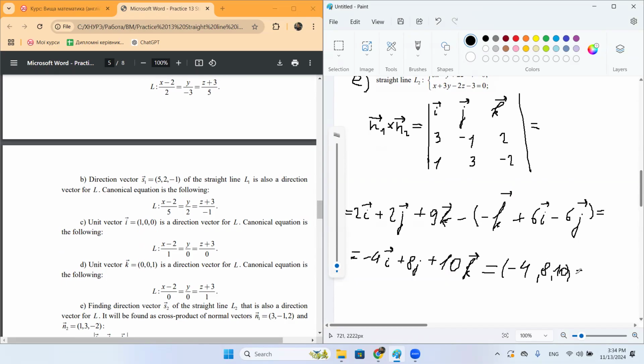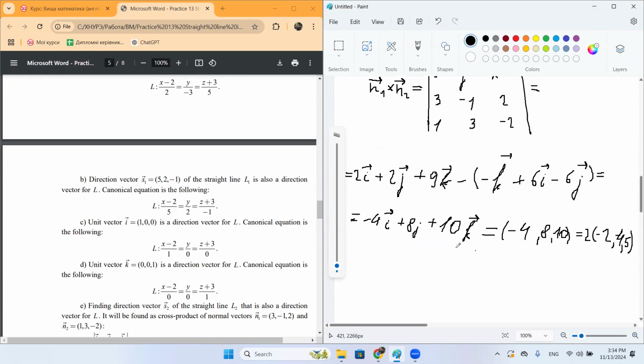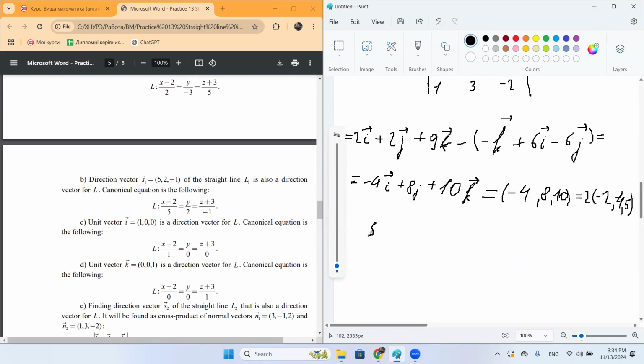And we can move 2 out of brackets. So 2 by minus 2, 4, 5. So as the direction vector, we will take a vector with coordinates -2, 4, and 5.